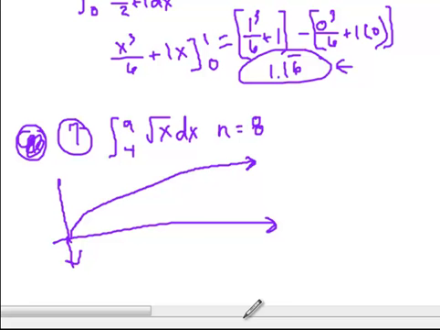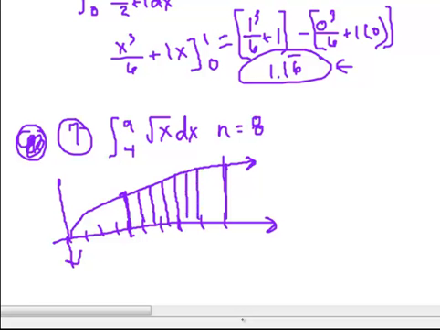So what you would have is 1, 2, 3, 4, 5, 6, 7, 8, 9. And what we're actually looking for is the area bounded from 4 to 9. So you're going to be making all these trapezoids within this region, and you're going to divide this into 8 equal pieces. So I'm going to divide this in half, and then divide that in half, and so on.